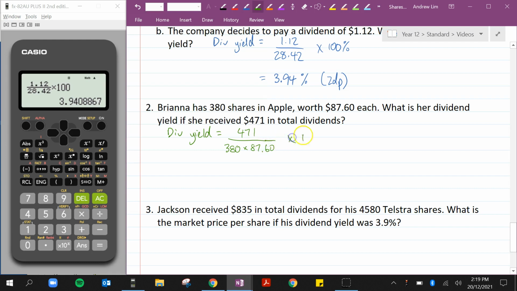And then we're going to times that by 100%. So 471 over 380 times 87.6 times 100, which is 1.415%. That's to 3dp. And that's Brianna's dividend yield.